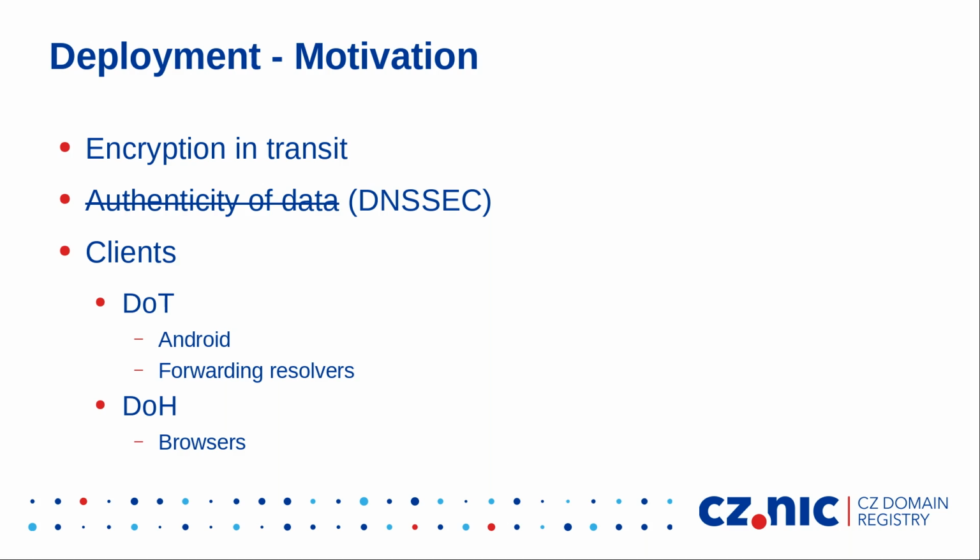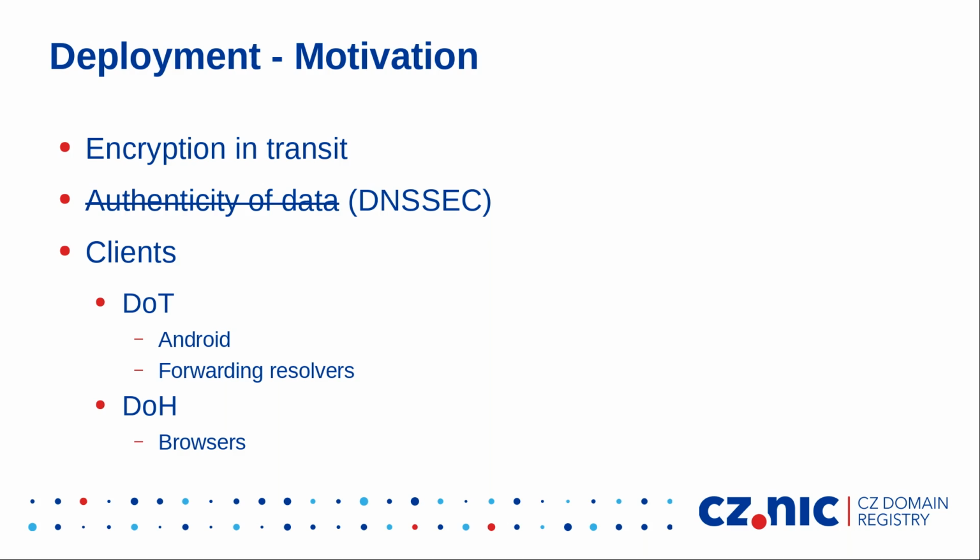Next, you might want to do this to prevent some of the attacks that would be possible on plain UDP DNS. Although if you really want to assure authenticity of the data, then you should deploy DNSSEC on the domain, on the authoritatives, but as a resolver operator, the best you can do is just turn DNSSEC validation on.